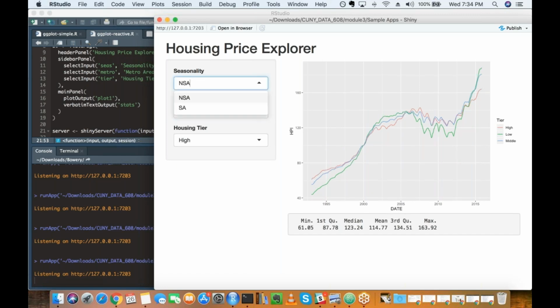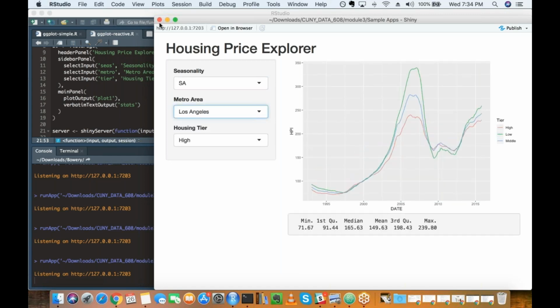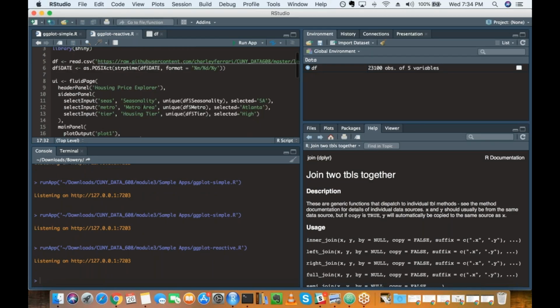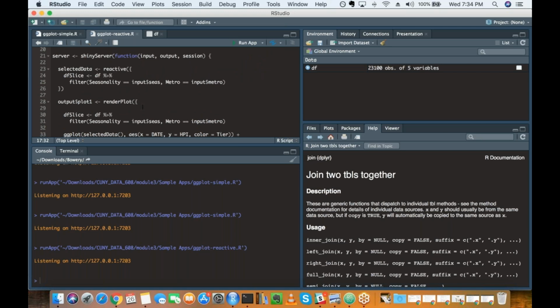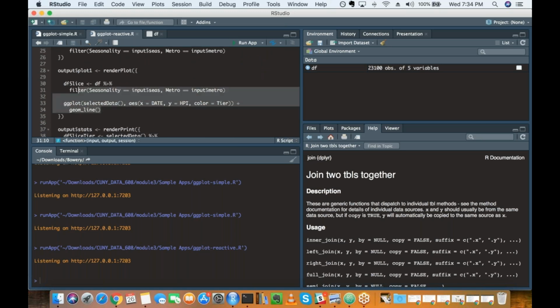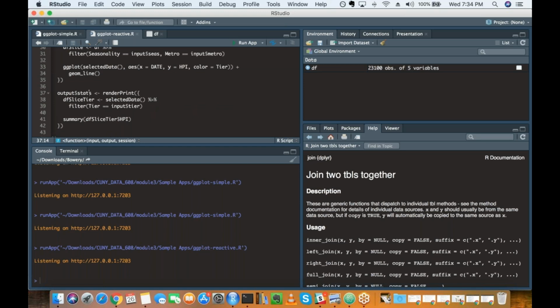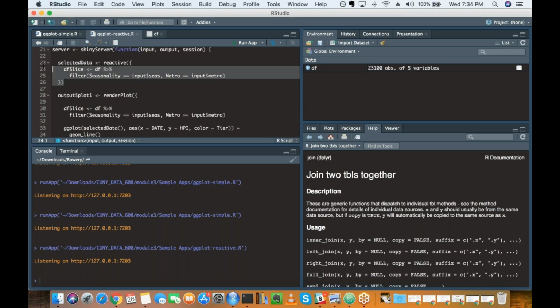The logic seems on the surface to be very similar to what we had before, but I have an extra step that I'm defining here. I still have output plot one and output stats, but I have this new function here called selected data. Selected data is defining what's called a reactive function.